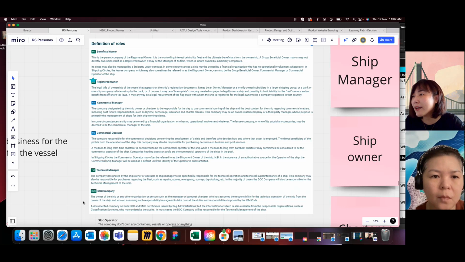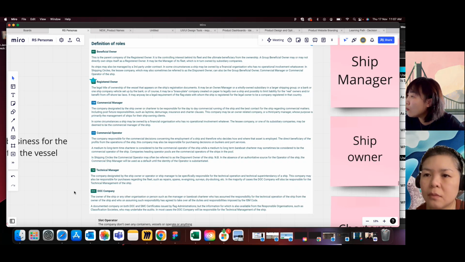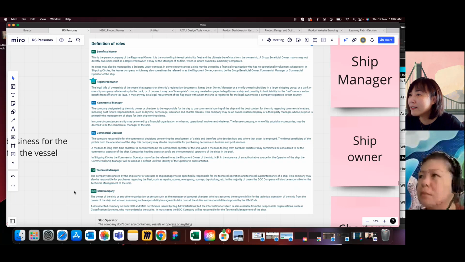They take care of the vessel operations like loading or discharging cargo, bunkers, or port services. That's my understanding.